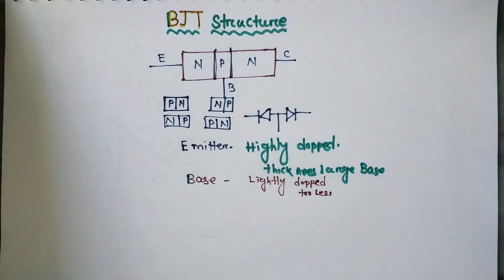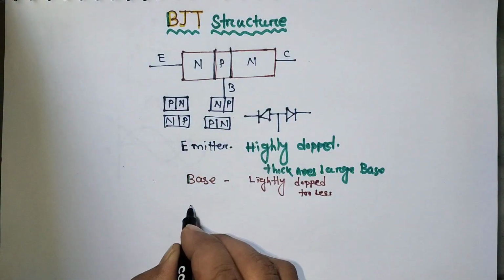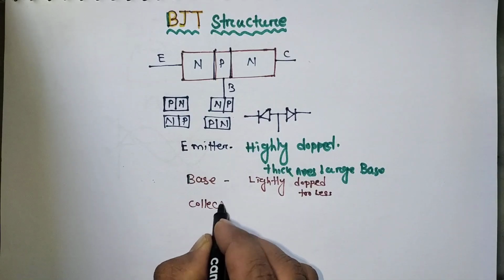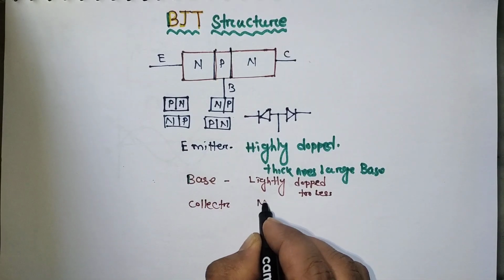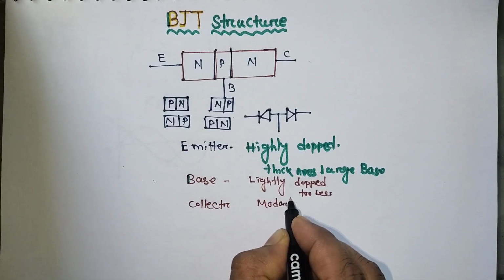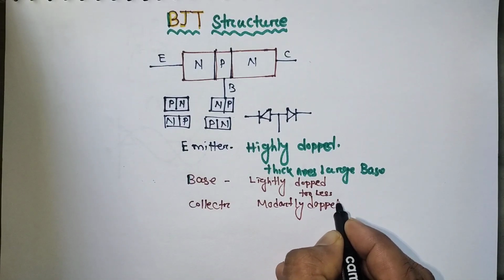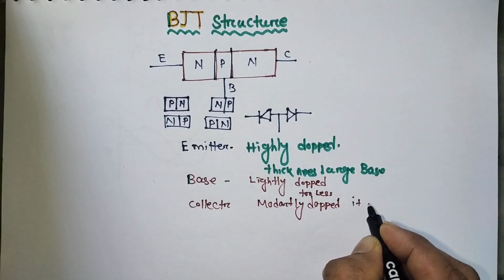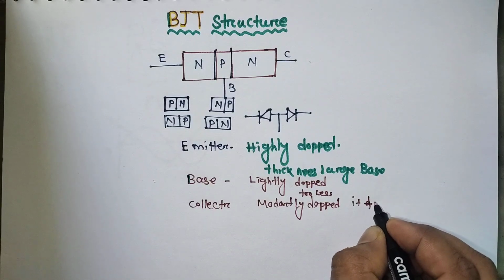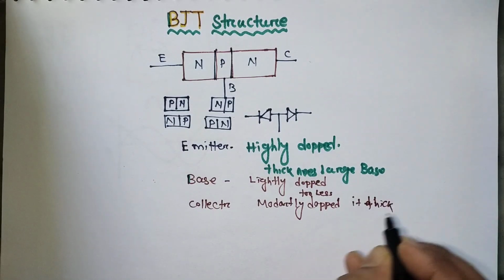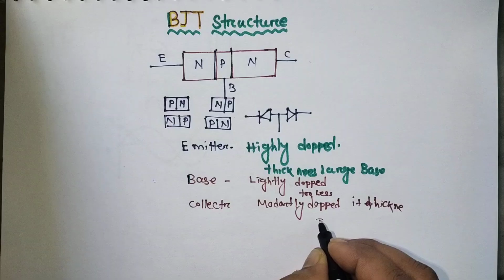Then the collector is moderately doped, and its area and thickness are larger than all.